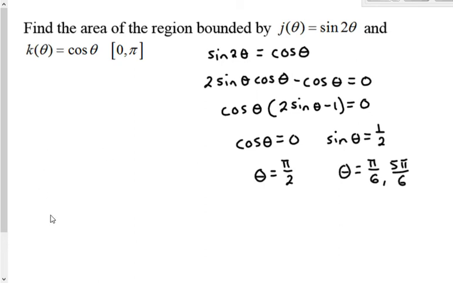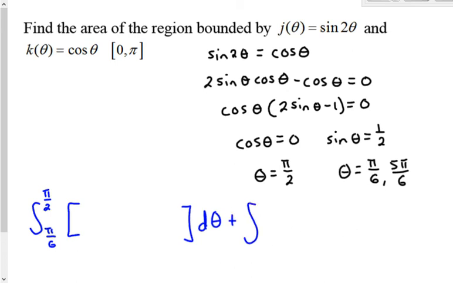So first I'm going to want to integrate from the smaller boundary, pi over 6, to the next one, which would be pi over 2. I'm going to do one of the functions minus the other function, integrate it with respect to theta, then add to that the integral from pi over 2 to 5 pi over 6.